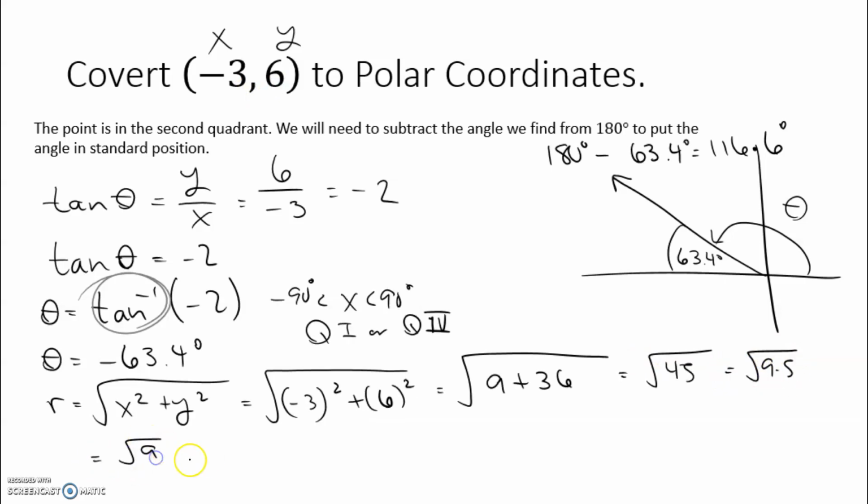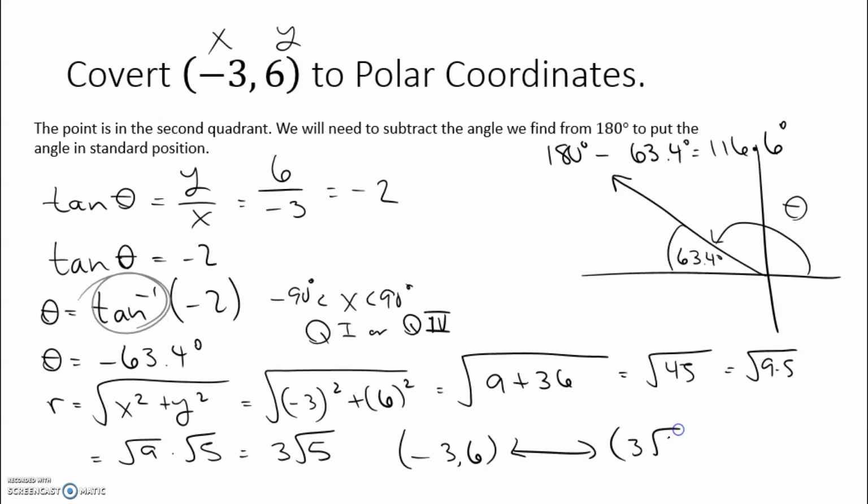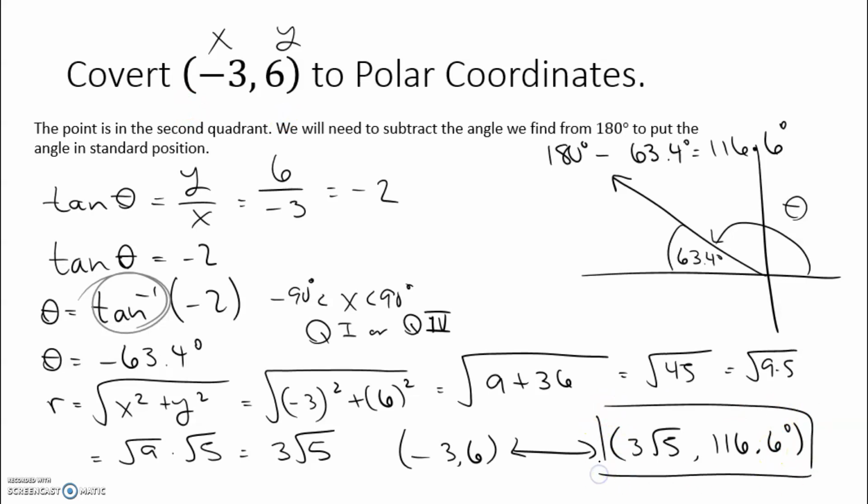Break that up into the square root of 9 times the square root of 5, and that's the same thing as 3 square root of 5. Okay, so this point, negative 3, 6, describes the same point in the polar system as 3 square root of 5, comma, 116.6 degrees. So this would be our final answer.